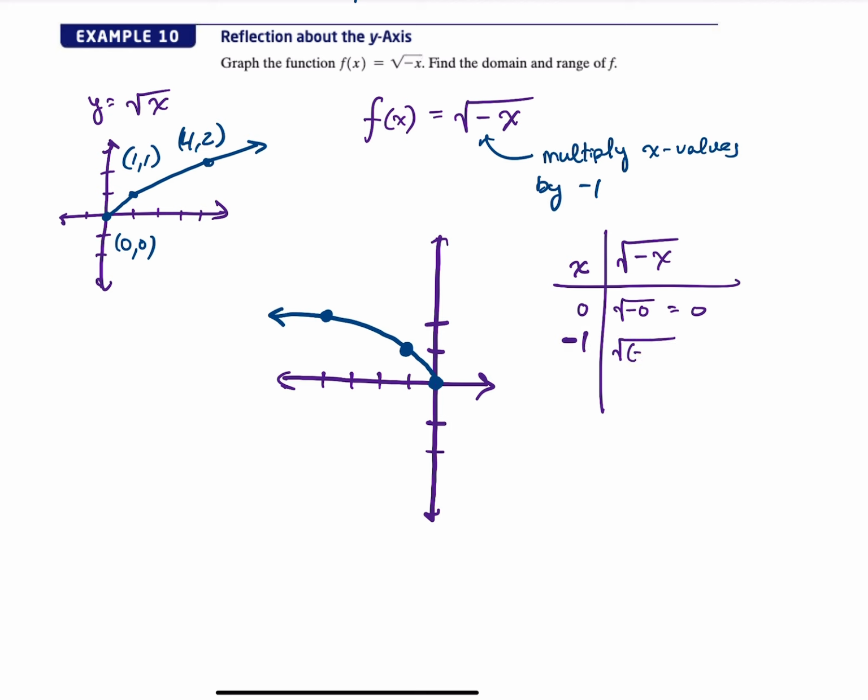This will be negative 1, positive 1. There's our point. So you can try just plugging in some values. If we plug in negative 4, that gives us square root of 4, which is 2. And there's our point, negative 4, positive 2. Yeah, so don't be afraid to make a little table if you're ever unsure where your points should go.